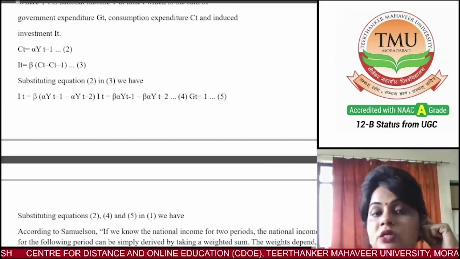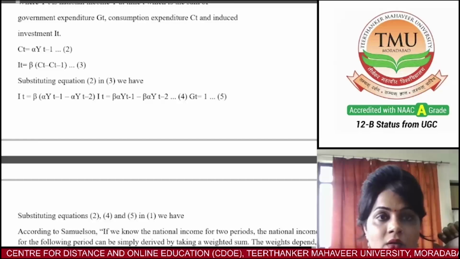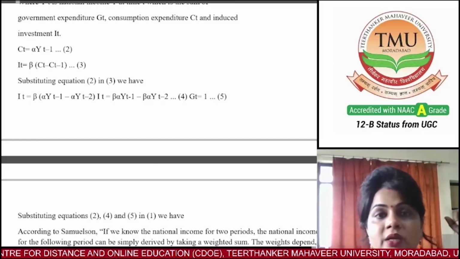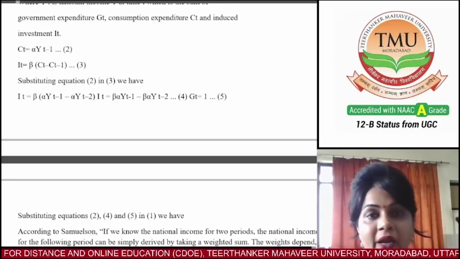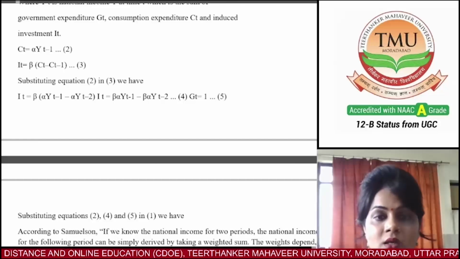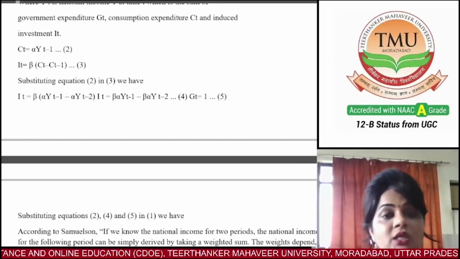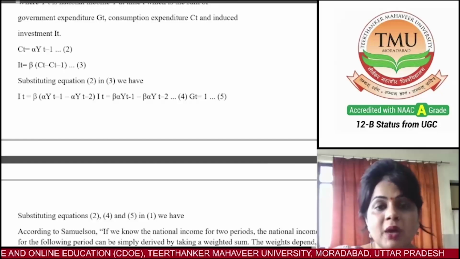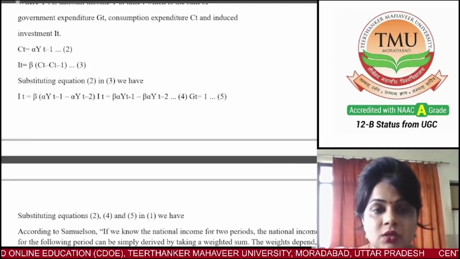So induced investment IT equals beta times CT minus CT minus 1, and you can take it as YT minus 1 minus YT minus 2. In this case we have the following income equations, which state how changes in income are dependent on the value of marginal propensity to consume and the capital output ratio.